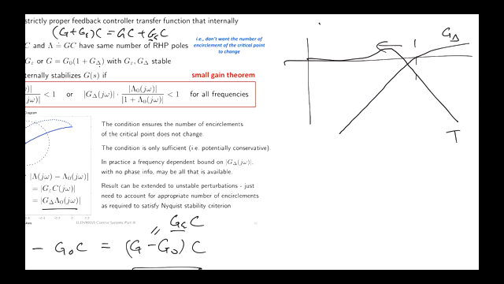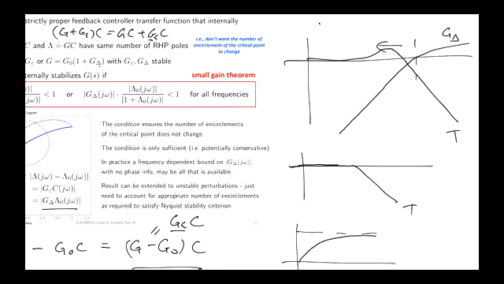In order to get less distortion, assuming you don't get peaking up by pushing the crossover frequency to the right, in the output response, we want to push it to the right, right? If I've got a complementary sensitivity function, which remember is the transfer function from the reference to the plant output, if I've got a system that has T looking like that, I'll get a step response that is very slow, right?